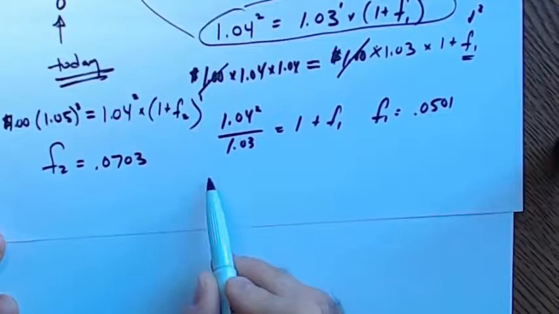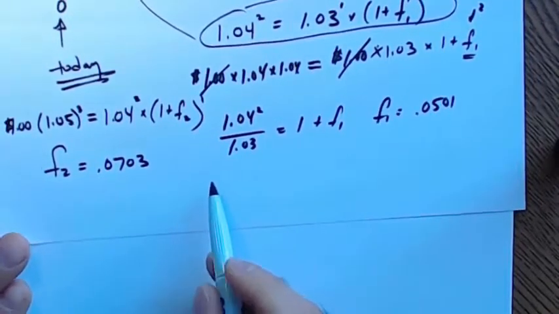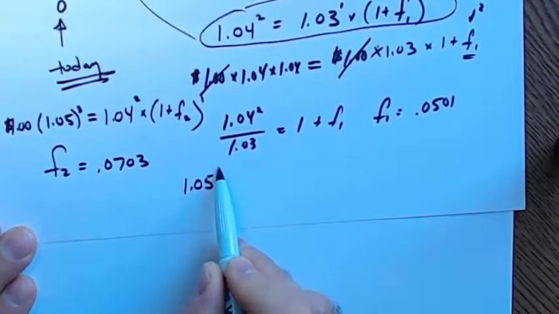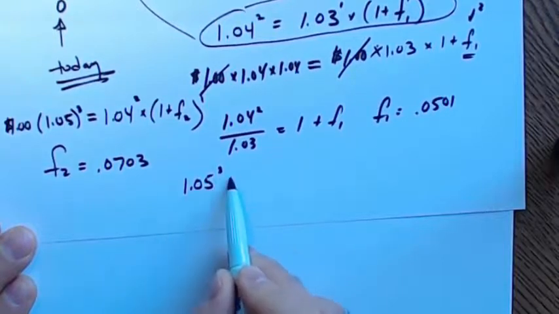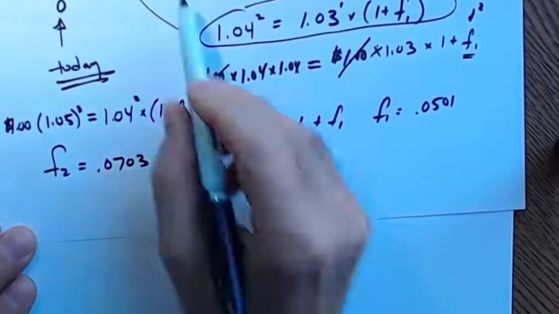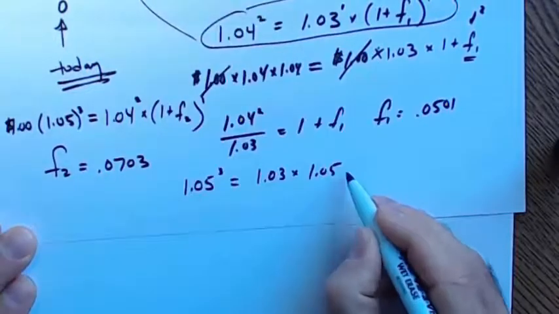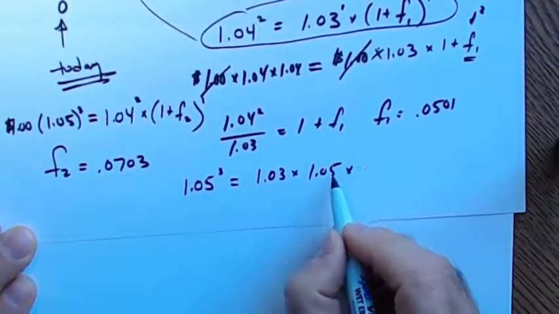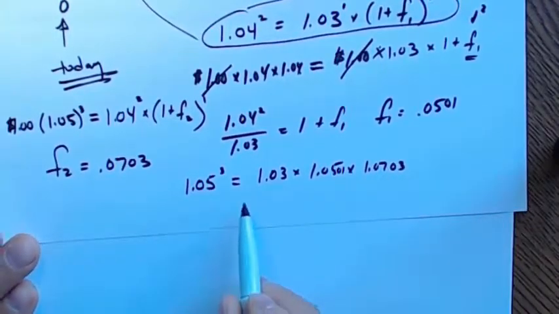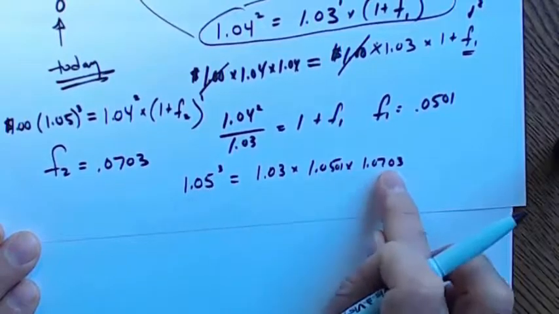So the whole point of this is that this interest rate of 5%, which is a long rate, equals a 3% rate, a 5% rate with 5.01 basically, and a 7.03% rate.